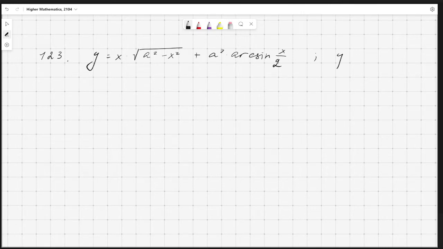Find y prime. Here we can see product of two functions x and a squared minus x squared. We can find product as u prime v plus uv prime, and we have x prime times square root of a squared minus x squared plus x times derivative of this root.